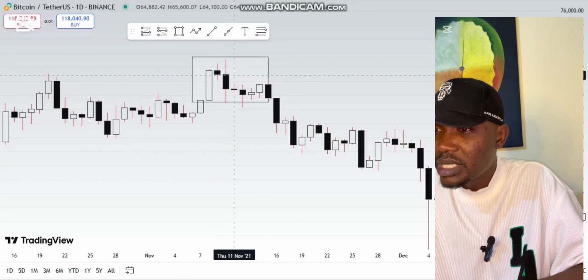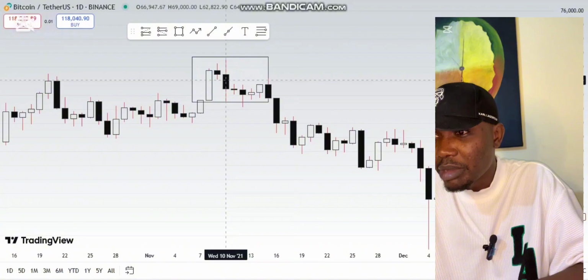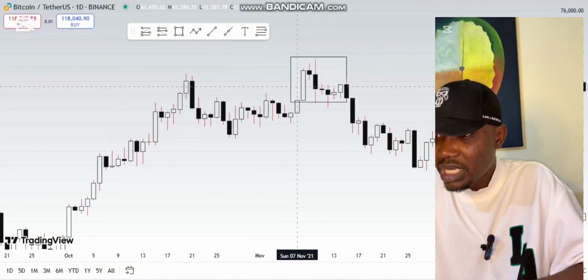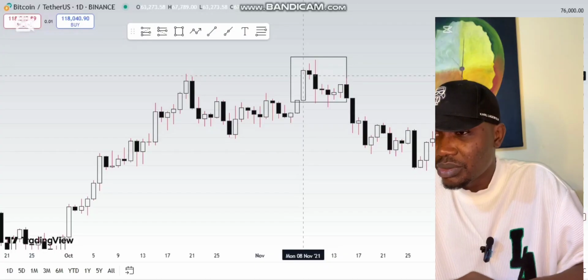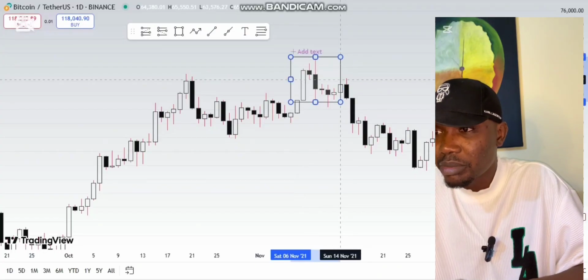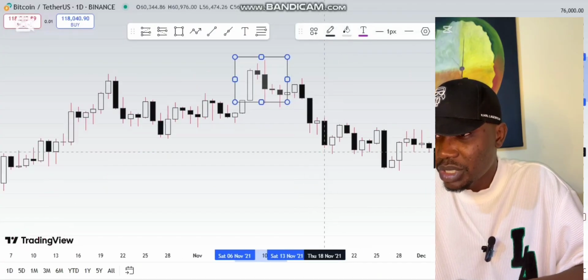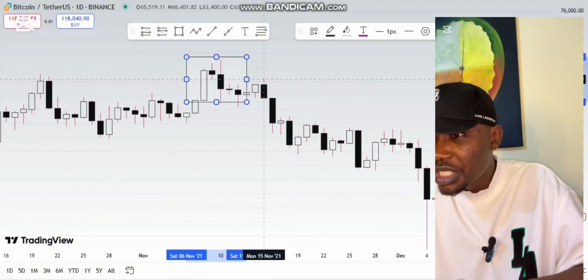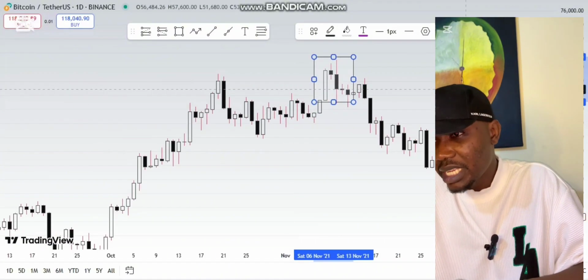But this bearish candle is not really a doji, because the body of the candle was fully formed and it was a bearish body.